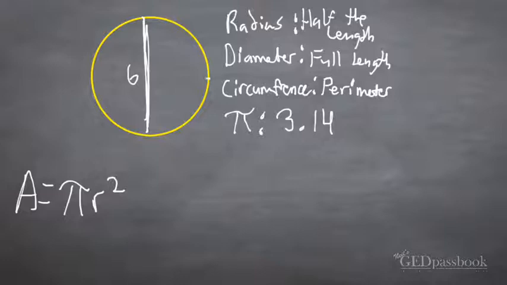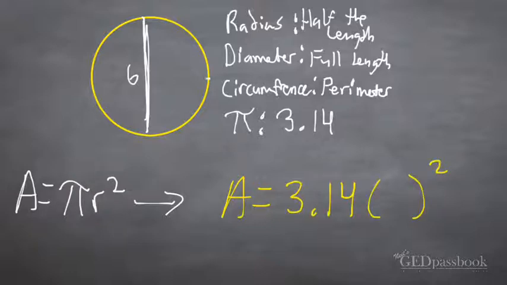Now what do you do? You fill in the variables with the correct data. So area equals pi. What's pi? 3.14 times radius squared. What's my radius of the following circle? Is it 3? 6. Is that 3? 3. Right? It's 3. So that's the trip up.